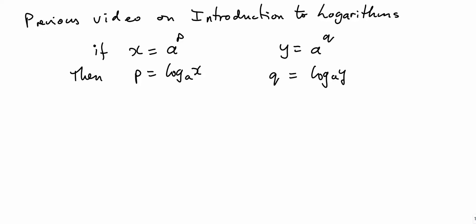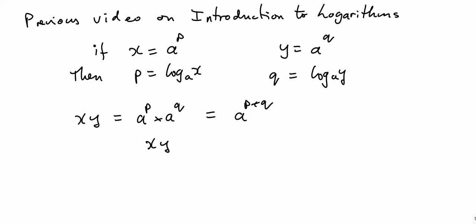Now, if we multiply x by y, xy, that's the same as multiplying a to the power of p times a to the power of q, and by the rules of indices we can add the indices, so that is equal to a to the p plus q.